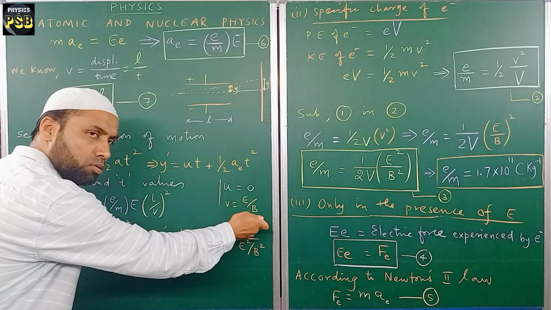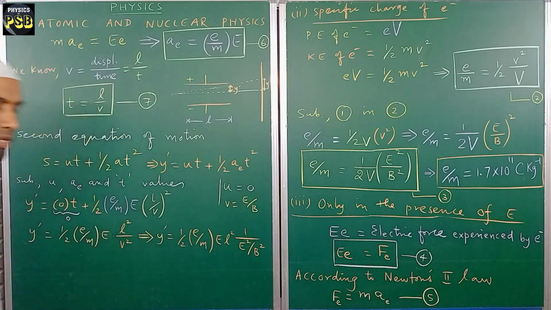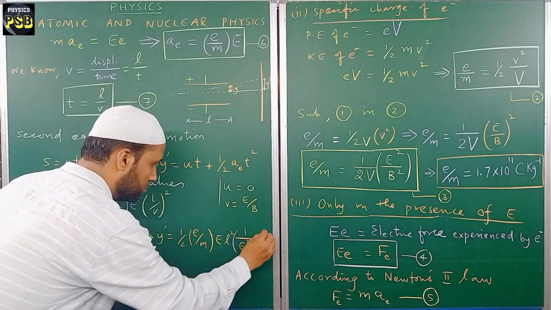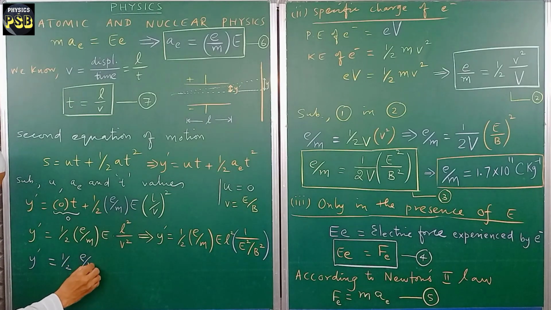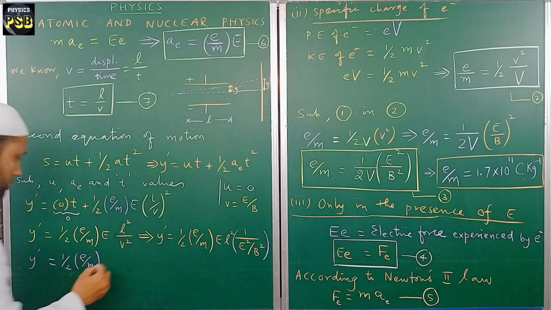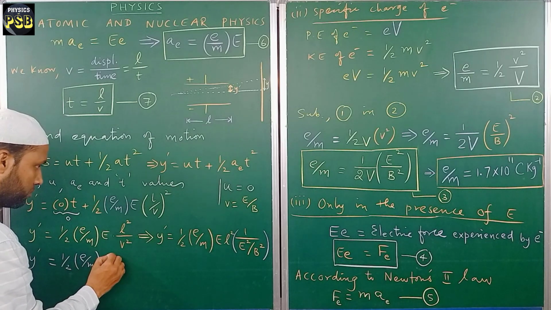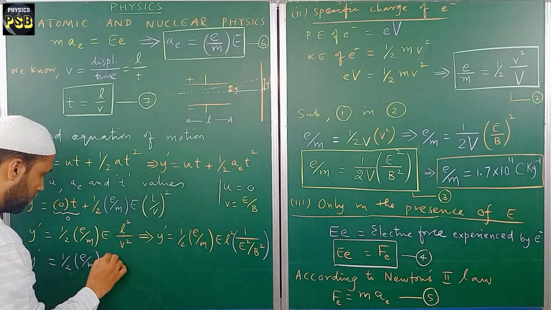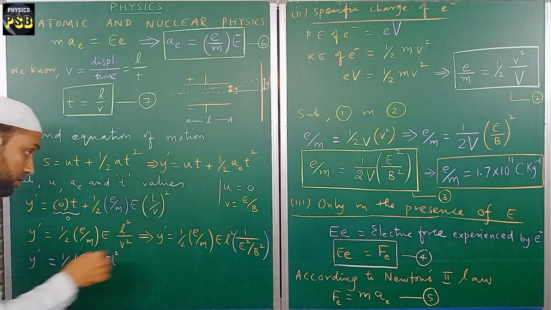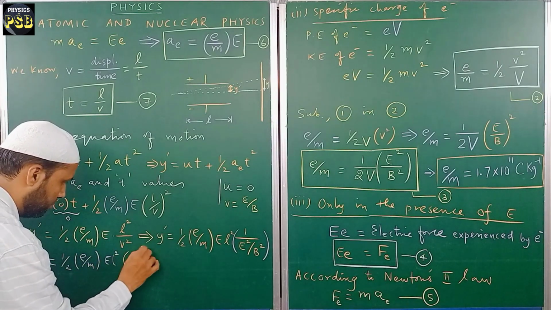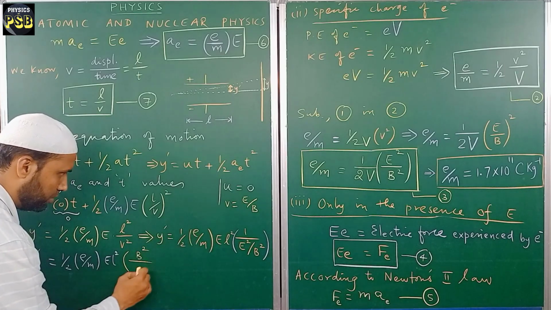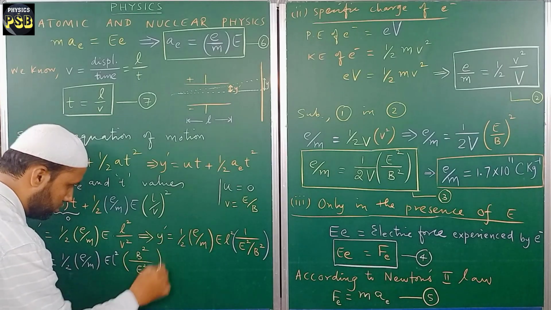B square will go to the numerator and E square will come down to the denominator. So the next step, I get half e upon m multiplied with E L square. Now B square goes to the numerator and E square will come down.